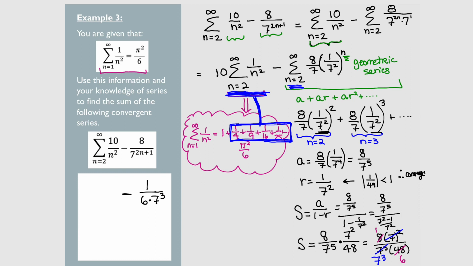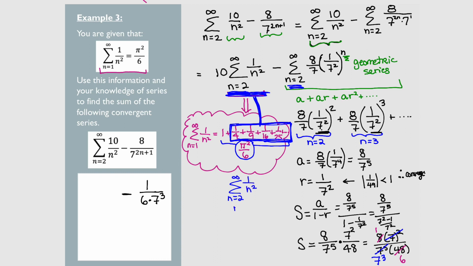Well, since the whole thing is pi squared over 6, and I only want that second piece, I think I can get n equals 2 to infinity of 1 over n squared.